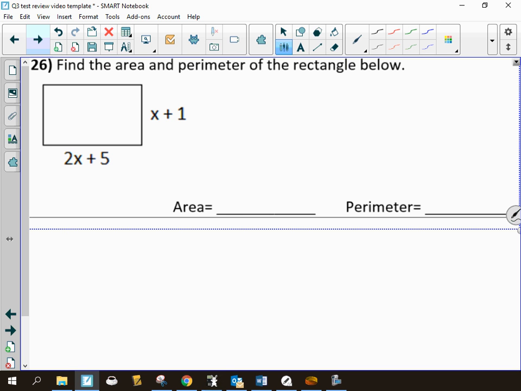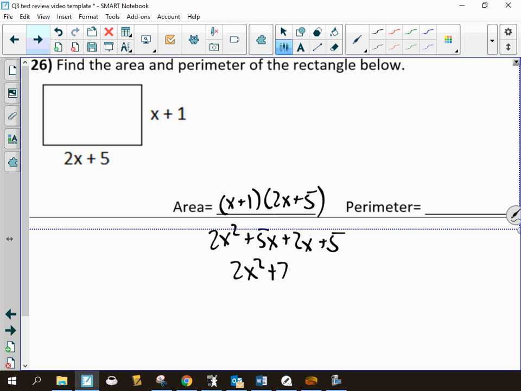All right, find the area and the perimeter of the rectangle below. So the area is going to be x plus 1 times 2x plus 5. And we should probably FOIL that out. So that'll be 2x squared plus 5x plus 2x plus 5, or 2x squared plus 7x plus 5. This area is just length times width. Perimeter, though, is you add up all the sides.